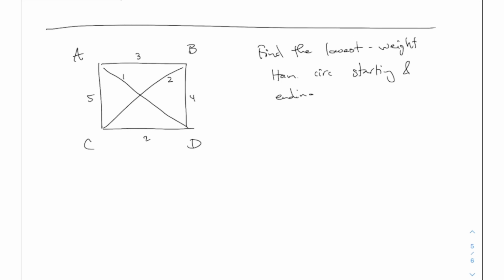Let's just say we're going to start and end at A. All right? See what you think. This may take a few moments, but it's not really hard. You just have to work it out. I'll give you a moment and then I'll walk around.